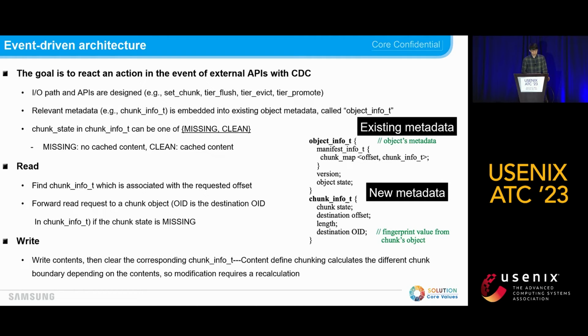On write request, TiDedup handles the write request in the same way as normal I/Os, but it only clears the chunk info because the chunk boundary is meaningless. Please keep in mind, the chunk boundary needs to be recalculated because the chunk state is mutated based on content-defined chunking.